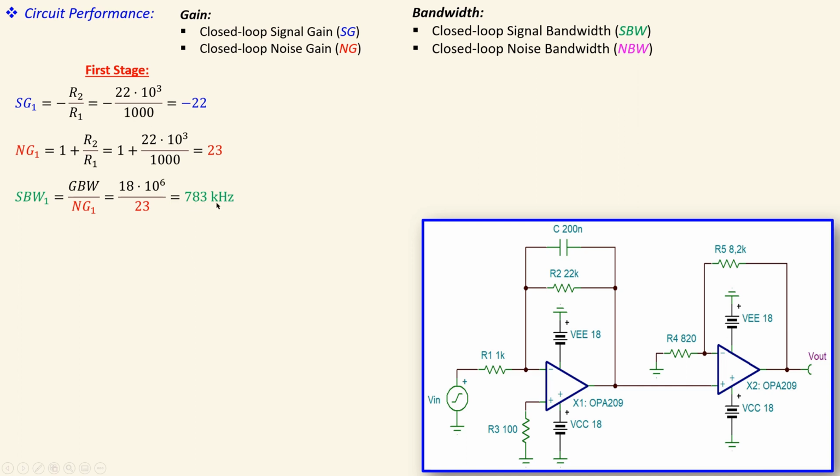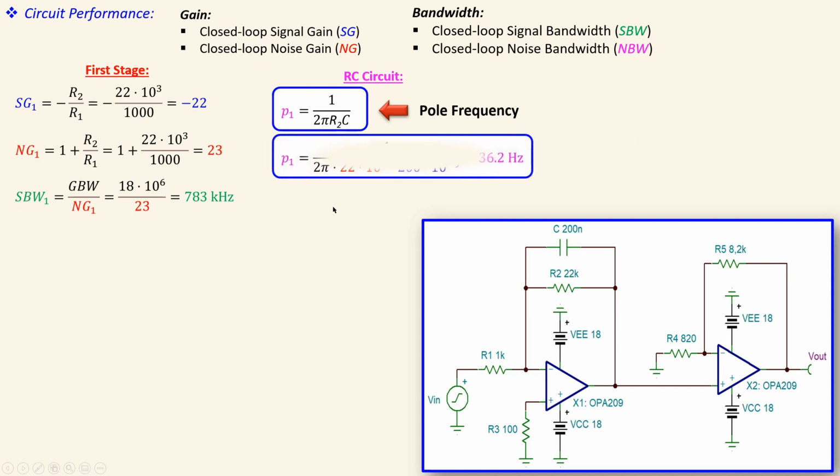That is just considering only the first stage, but we need to of course also consider other parts of the circuit. We have our RC circuit in feedback that will create also a pole frequency, and that pole frequency for this portion is determined by the capacitor C and the resistor R2. So that will be 1 over 2 pi R2C.